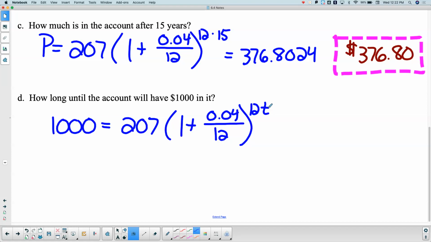What you got, Jess? You were going to say divide by 207? I like dividing by 207 first. Why do I have to divide by 207 first? I got to get my exponented term isolated, right?